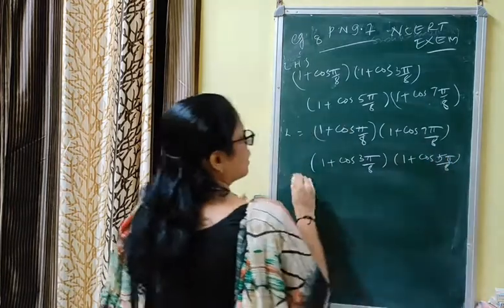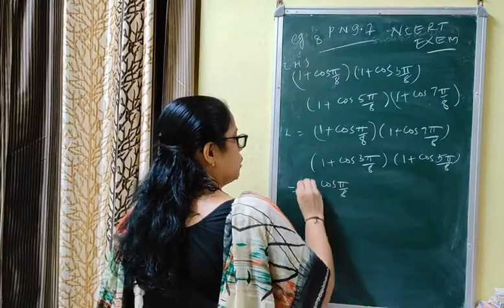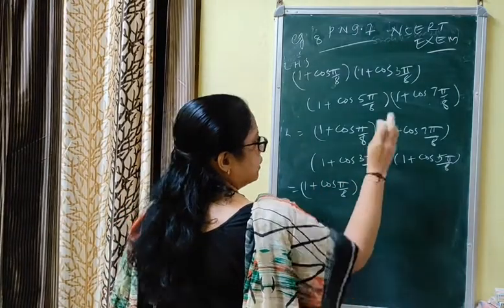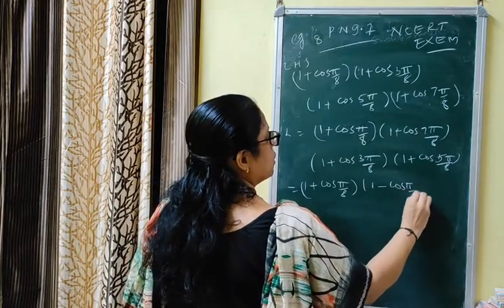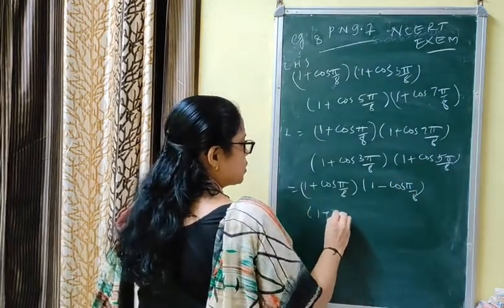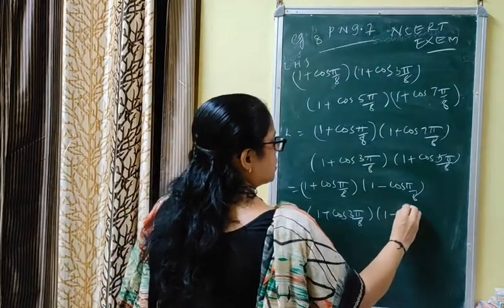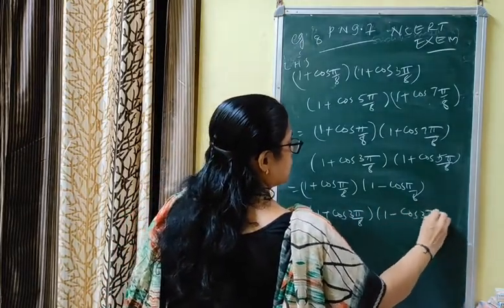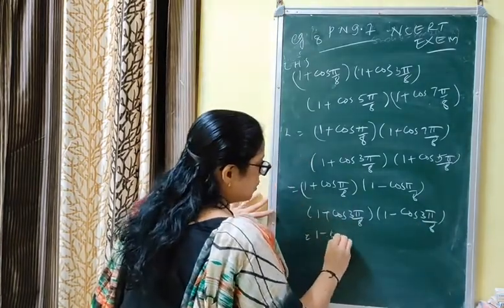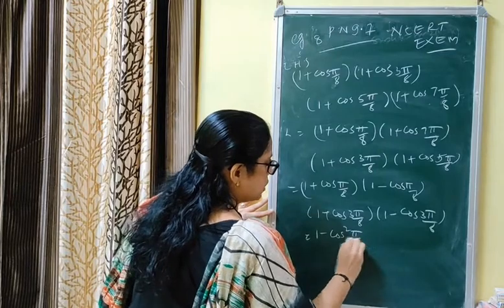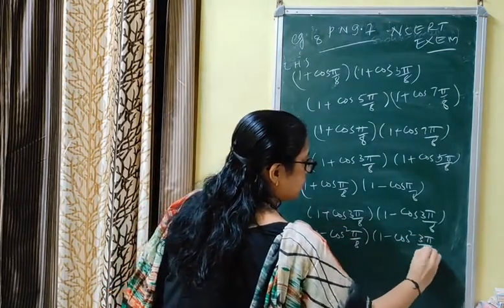This becomes 1 plus cos pi by 8 into 1 plus, as I told you, 7 pi by 8 is minus cos pi by 8 from equation 1. Again 1 plus cos 3 pi by 8 into 1 minus cos 3 pi by 8. It is a plus b, a minus b. We will get 1 minus cos square pi by 8 into 1 minus cos square 3 pi by 8.